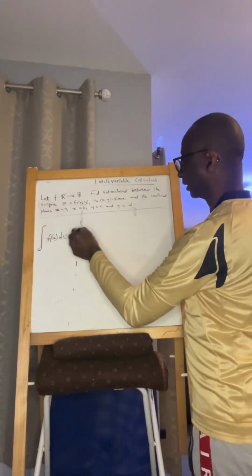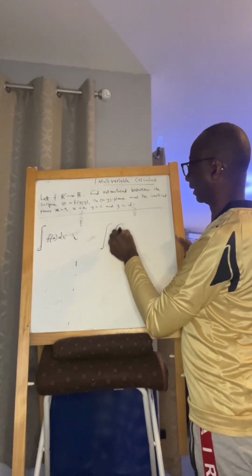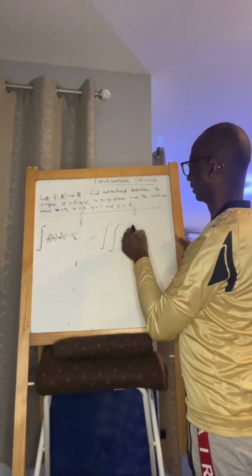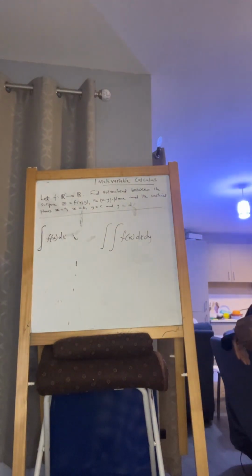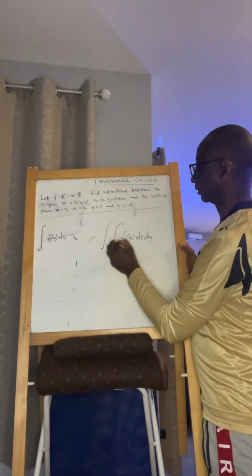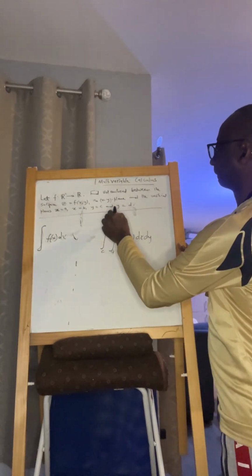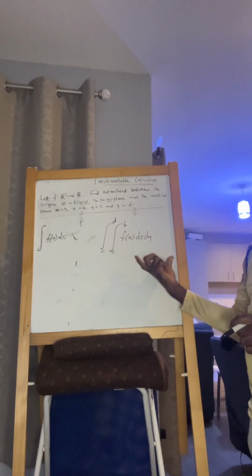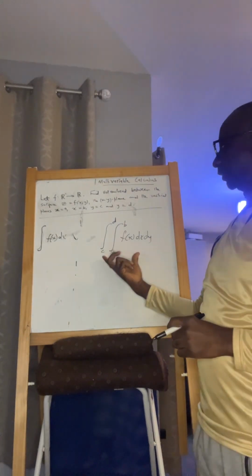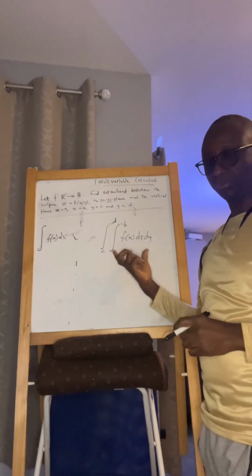In multivariable calculus, you will have this and f of x dx dy. You might be given intervals here, c, d. This is single variable calculus, this is multivariable calculus. This is what we're going to be doing.